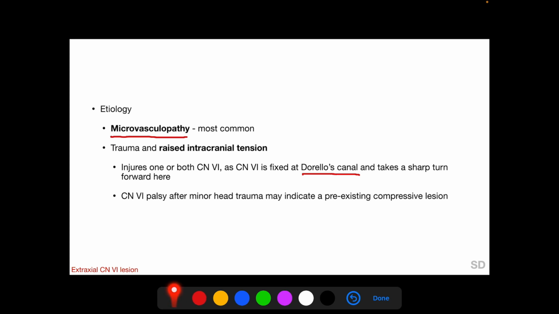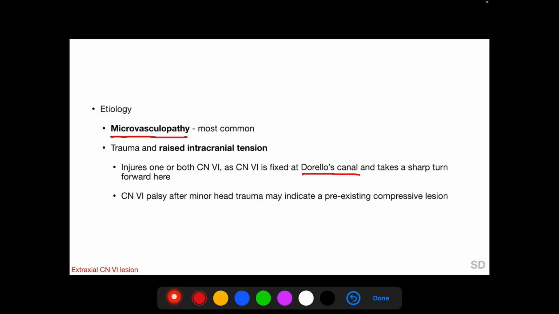It is at this place that the sixth cranial nerve is fixed, and it takes a sharp turn from an upward course to a forward course at the Dorello's canal and is vulnerable here to injury from trauma and raised intracranial tension. And a sixth cranial nerve palsy after a minor head trauma may indicate a pre-existing compressive lesion.